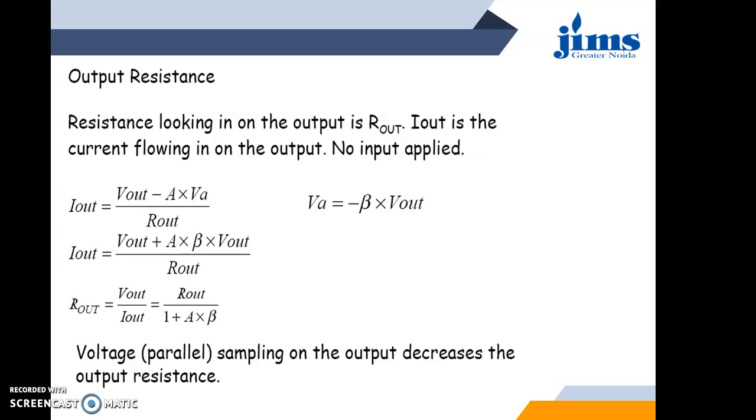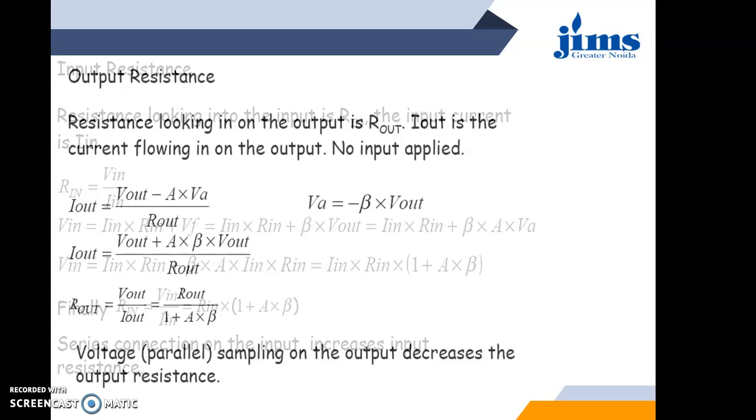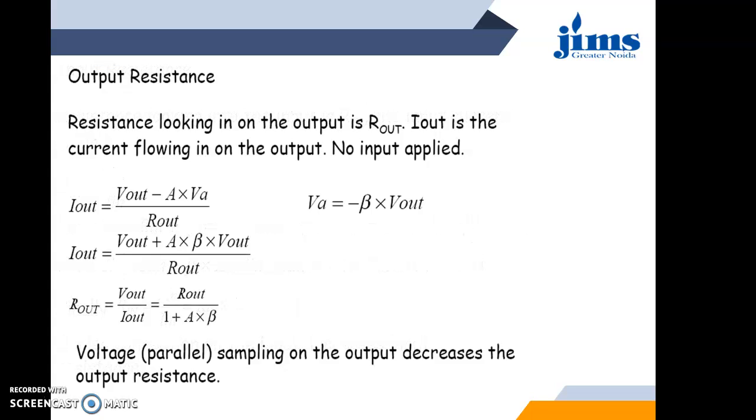Next is the output resistance. To find that, we will use the equation Iout equal to Vout minus A VA upon Rout. Here we have the current relation Iout, so Iout equals V by R simply, and V is nothing but Vout minus A VA upon Rout, where VA is minus beta Vout.